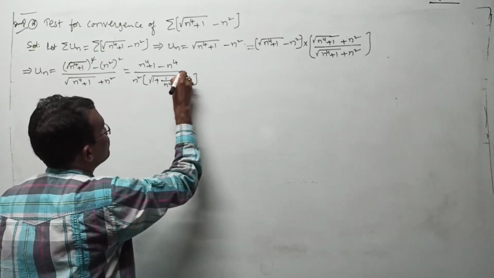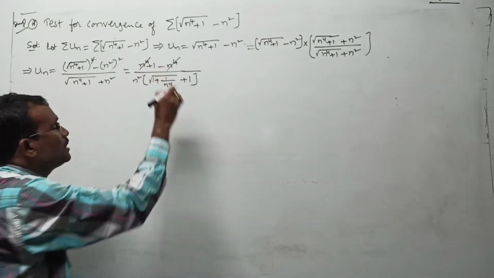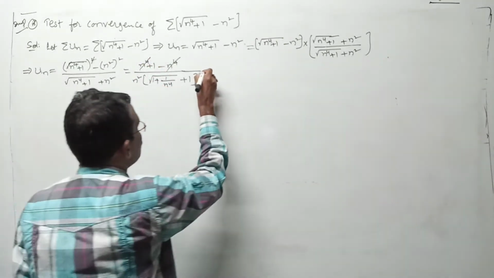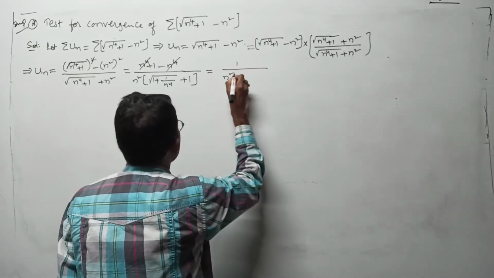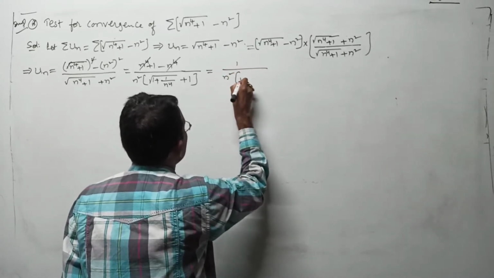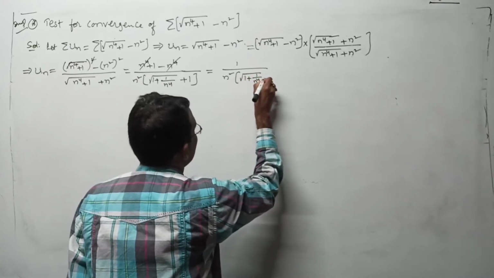Any doubt? Once look. Now this minus n power 4 plus n power 4 gets cancelled. At last what is your simplified Un? 1 by n square into root 1 plus 1 by n power 4 plus 1.